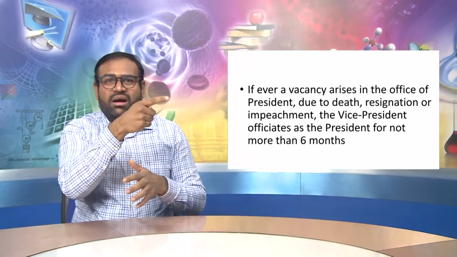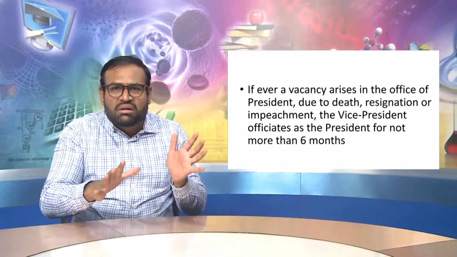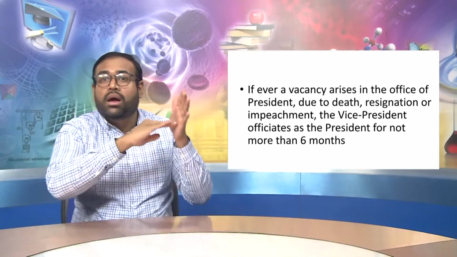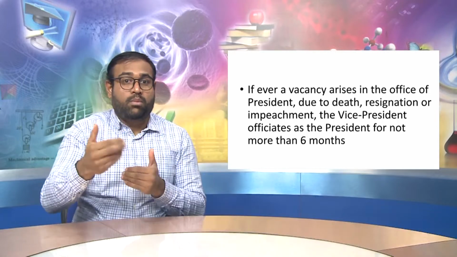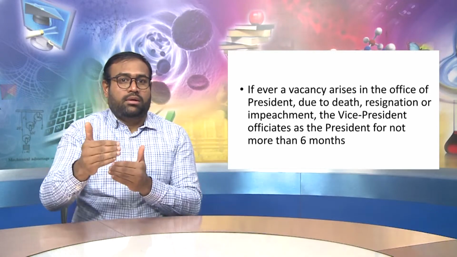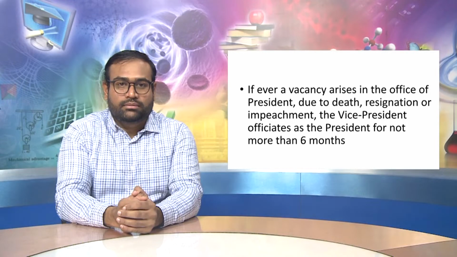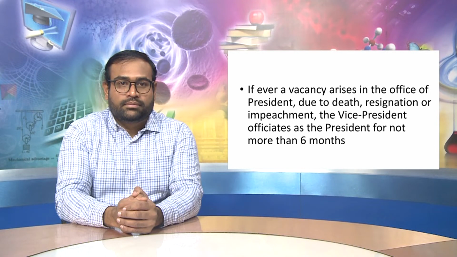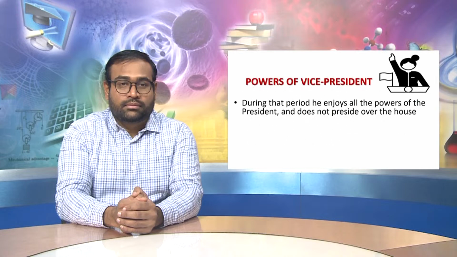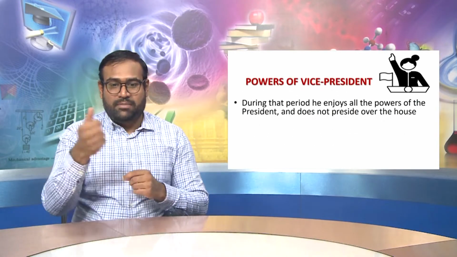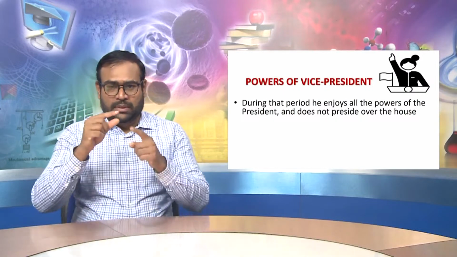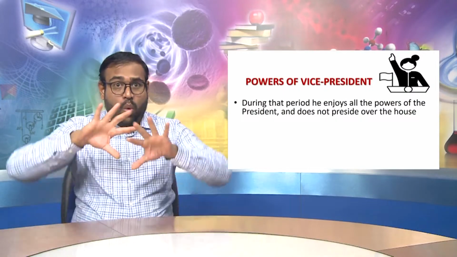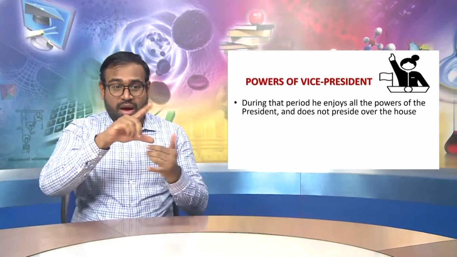If ever a vacancy arises in the office of President due to death, resignation, or impeachment, the Vice President officiates as the President for not more than 6 months. During that period, he enjoys all the powers of the President and does not preside over the House.